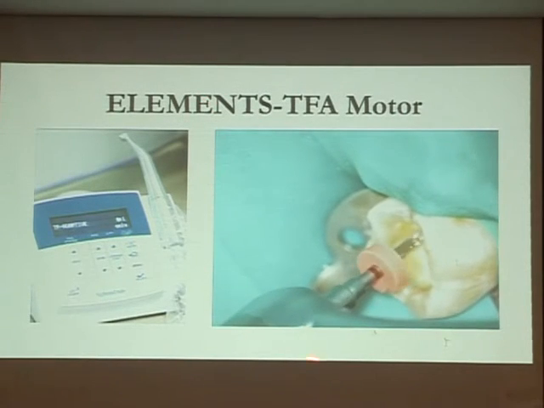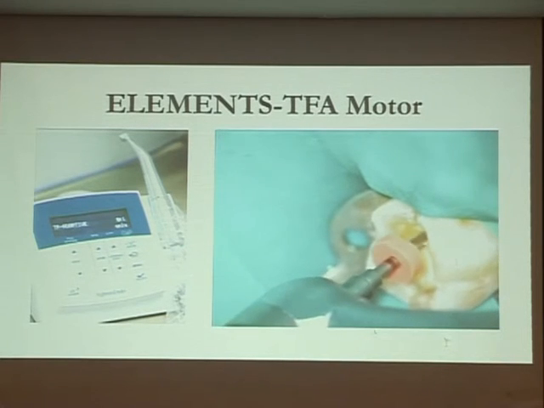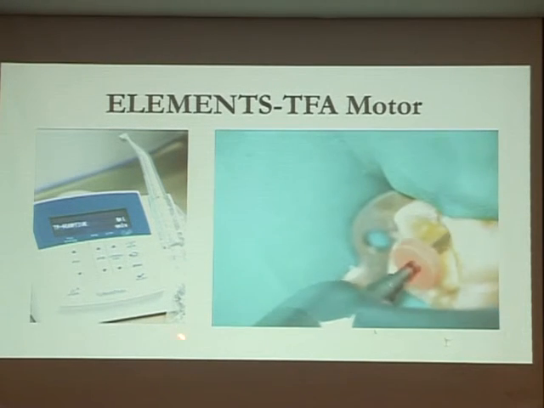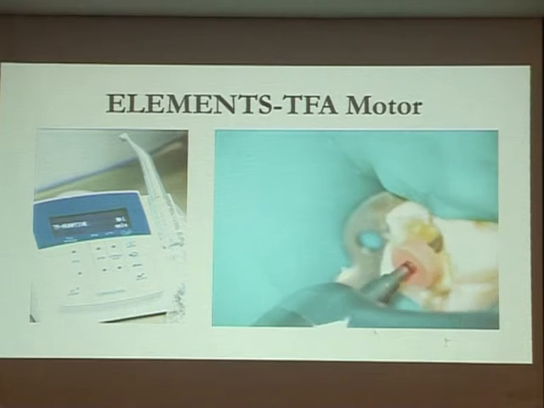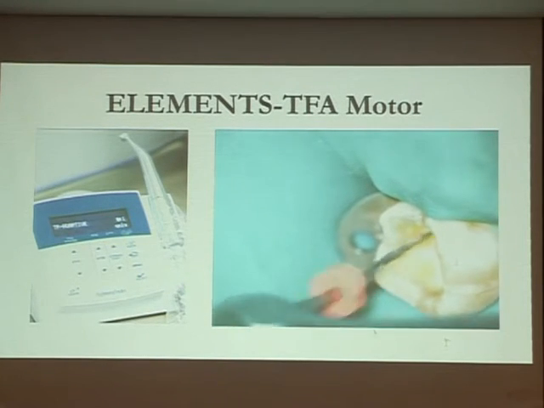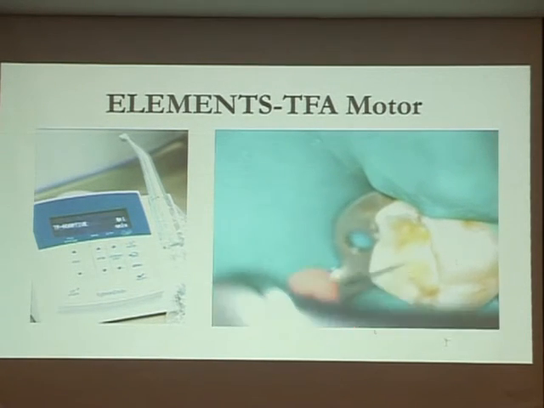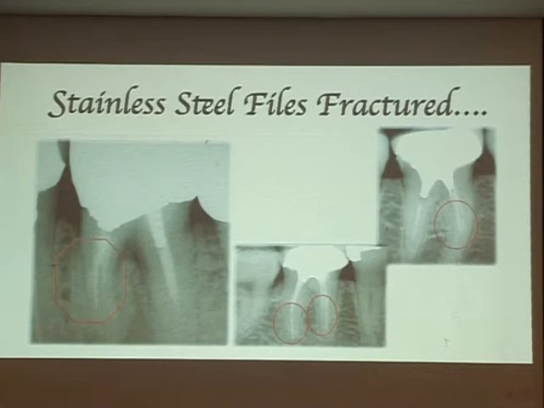Also, we have a lot of new gadgets that can reduce the chance of separation. There's a TFA motor from SybronEndo. I saw a unit downstairs. This can reduce the cyclic fatigue of your instruments. I tell you, stainless steel files always separate. These are some of my cases. I encountered this. I'm not the one who separated them, okay? I just see them, if you can see.